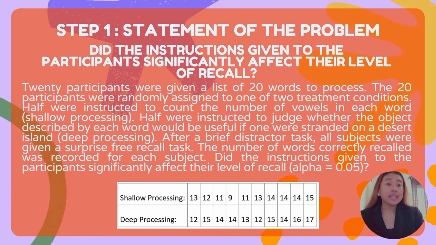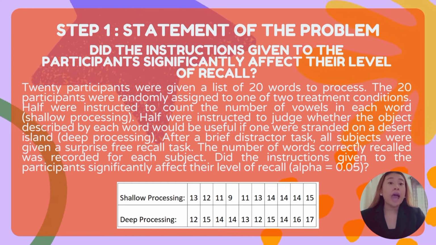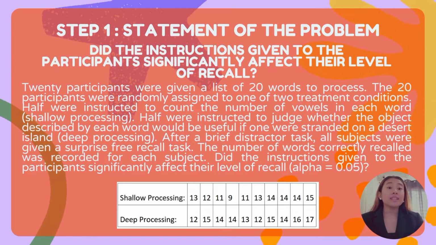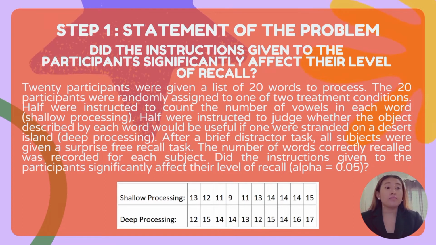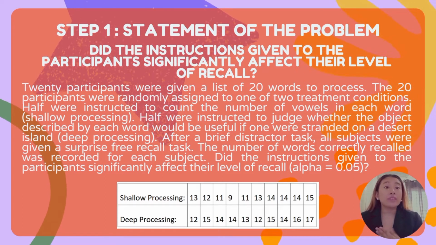Step 1. Statement of the problem. Our statement of the problem is: did the instructions given to the participants significantly affect their level of recall? Why is this our statement of the problem in step 1? This is because this outlines our given problem.